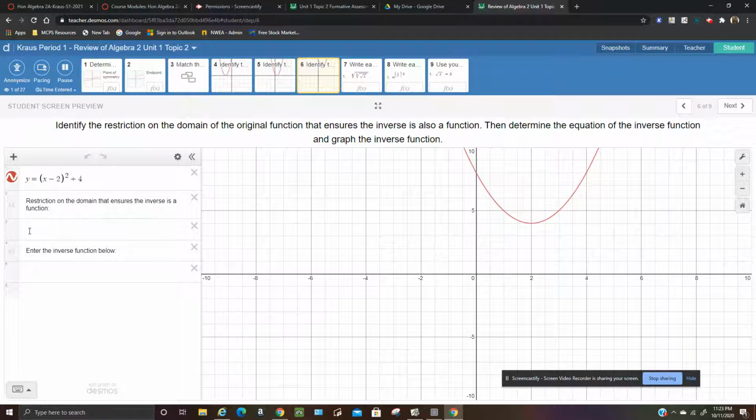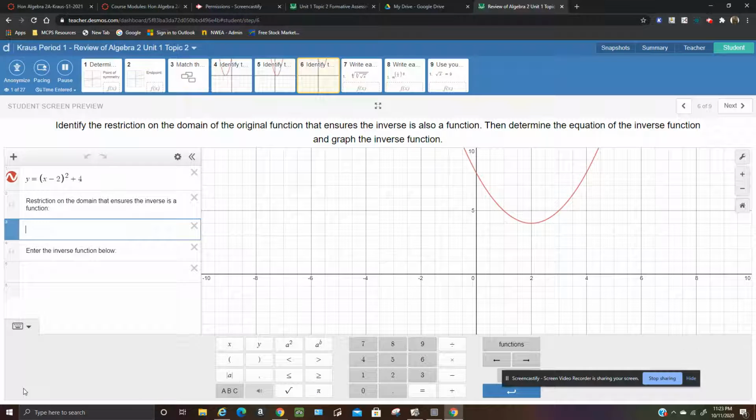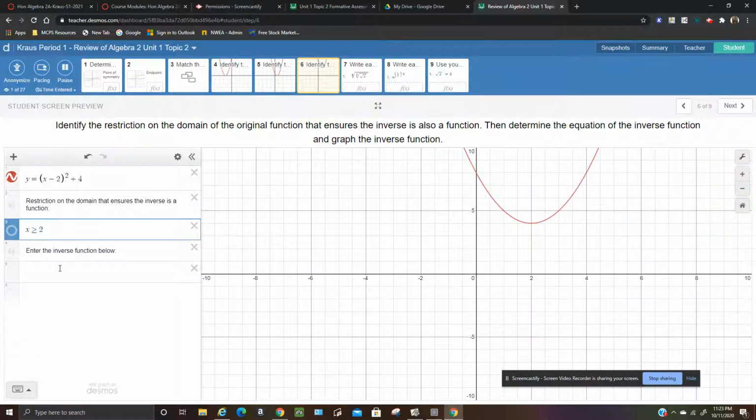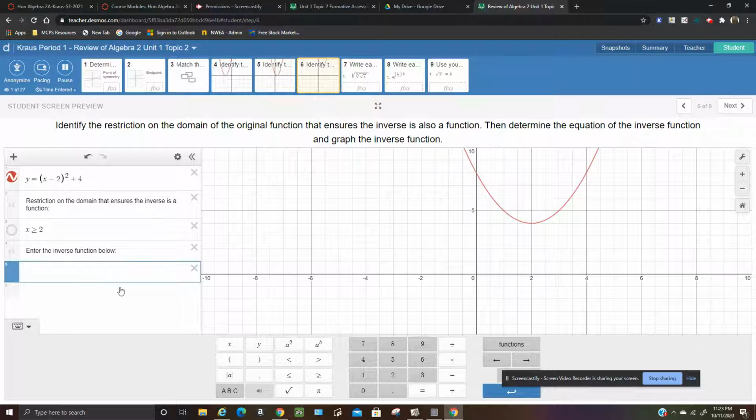And so the restriction is going to be x is greater than or equal to 2. And once again, I just click on this and it takes the shading off. And then the inverse function. The last thing we did would be add 4. So first thing we're going to do is x minus 4.